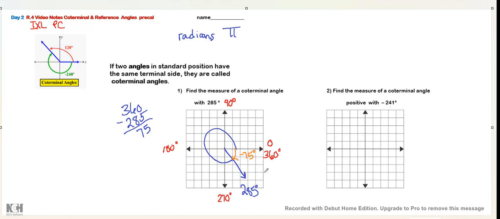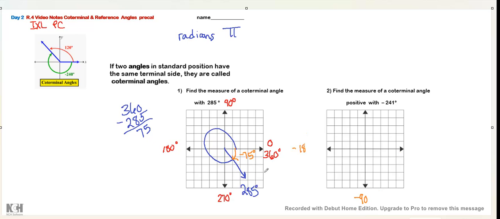They want us to find a positive coterminal angle for a negative 241 degrees. So we're going to be drawing our angle. Now we can label this differently. So this would then be negative 90 degrees if we're going clockwise.